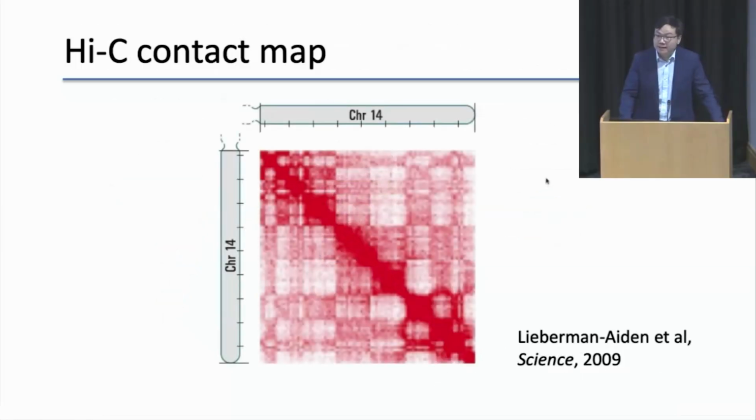So here you are looking at a typical representative data from a Hi-C measurement, what we call a Hi-C contact map. So in this matrix, each row and each column corresponds to the genomic locus on chromosome 14. I think this is the long arm of human chromosome 14. And each matrix element, the color, indicates the contact frequency between the 2 genomic loci on the row and column. So a redder or the darker color means there's more contact probability.